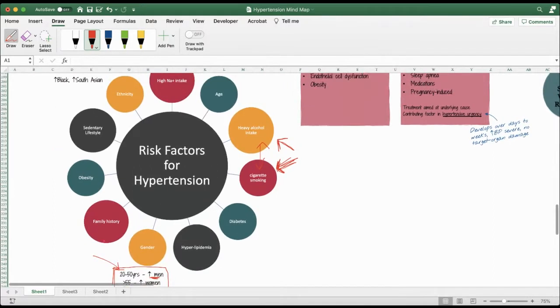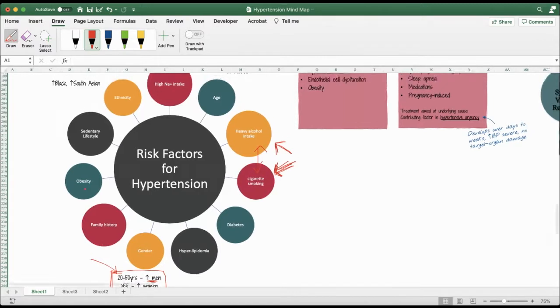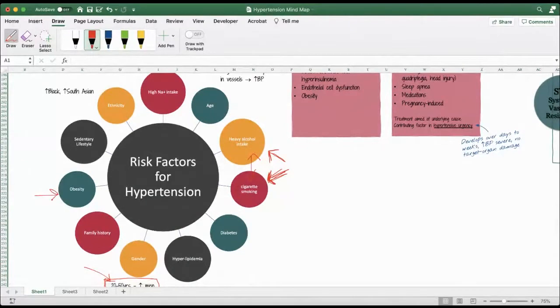We don't need to go into all the patho behind it. Family history, of course. Obesity, of course. Again, just click it. Sedentary lifestyle, of course.